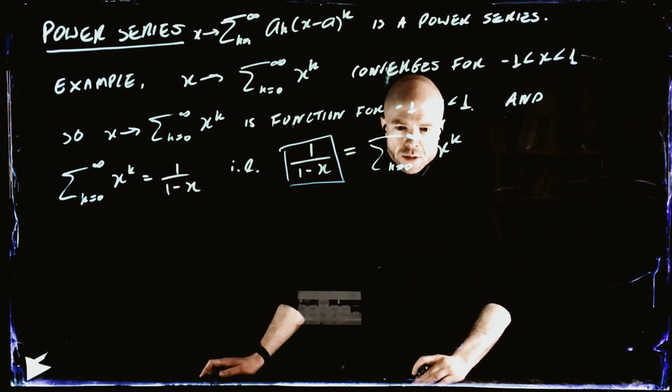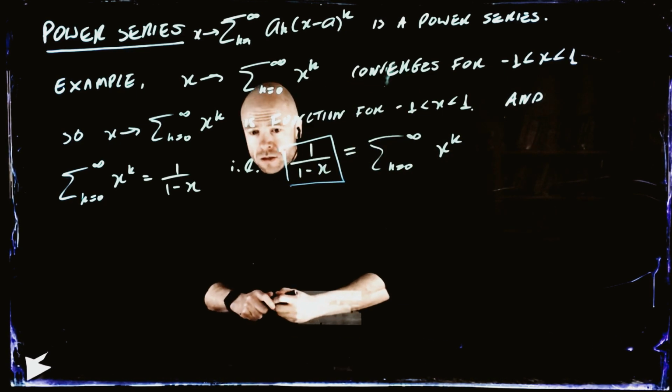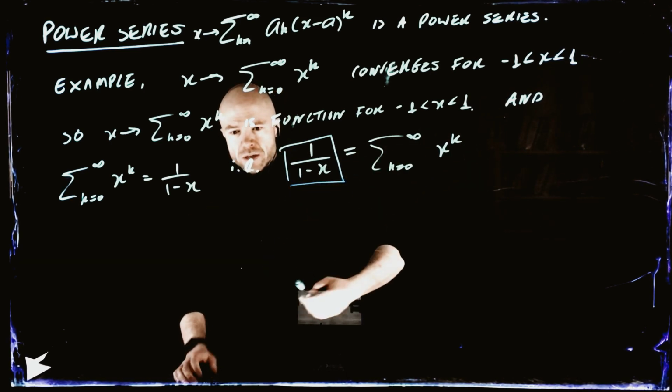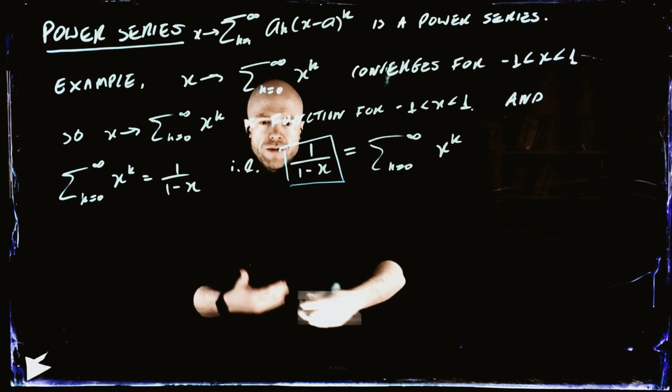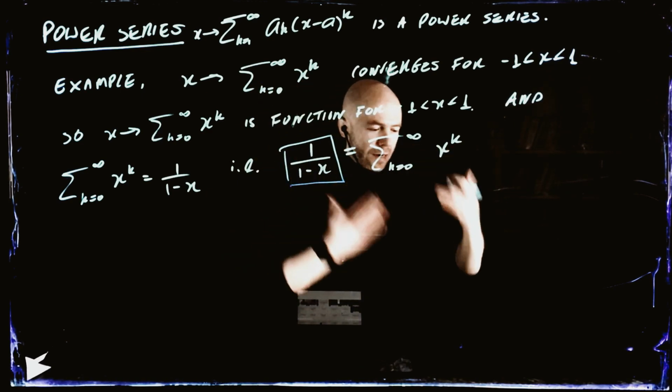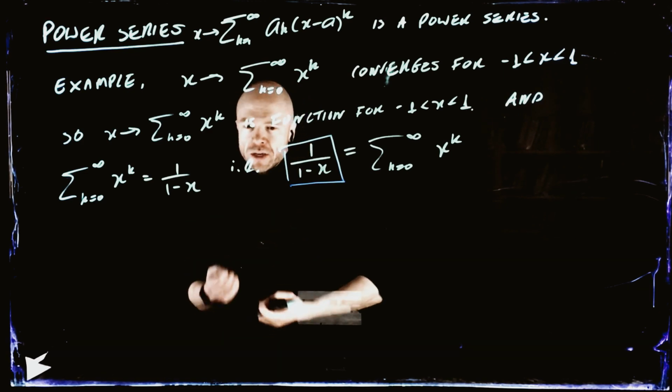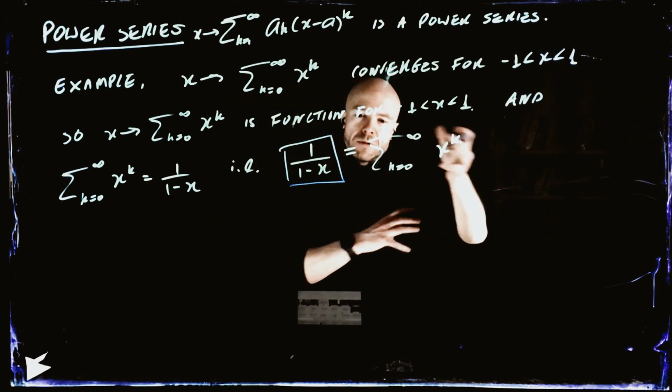Yeah? And there's going to be many advantages to being able to represent a function as a power series, because a power series, we're going to find out, behaves in an incredibly nice way for many of the things we'd like to do.